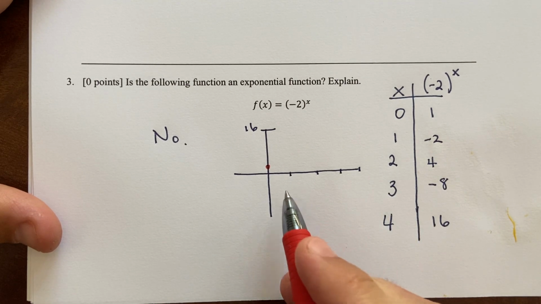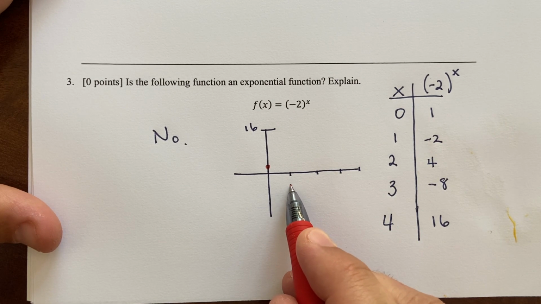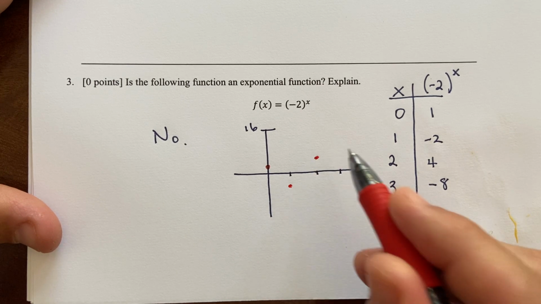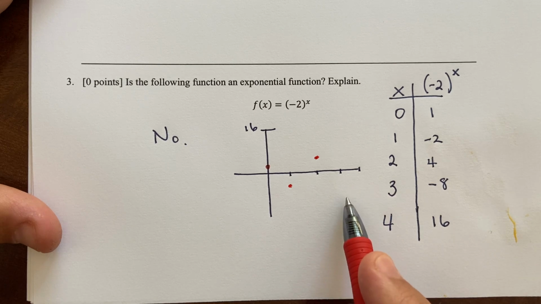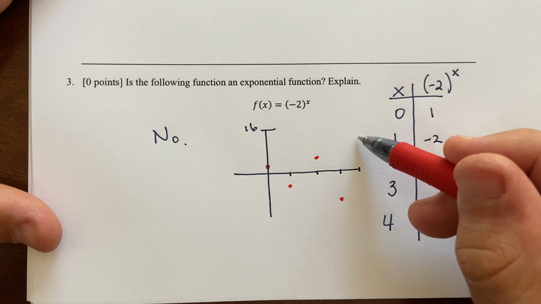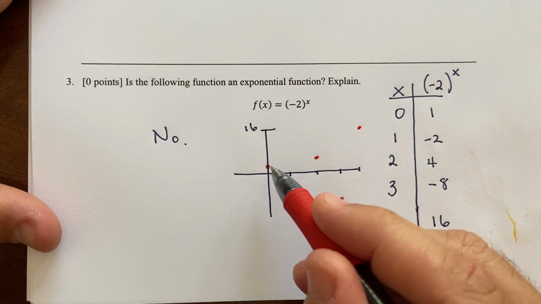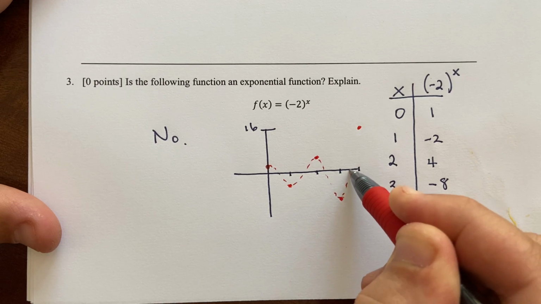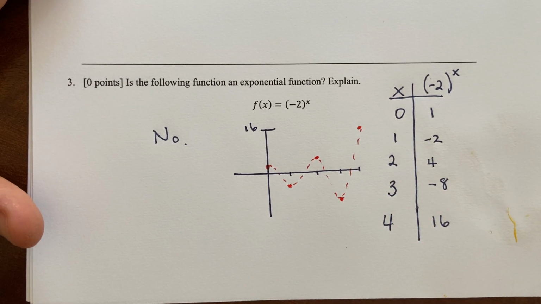And then at 1, I'm at -2. So I'd be somewhere down here now. At 2, we're at 4. So I'd be right about here. At 3, we're at -8. So I'd be back down there. And then at 4, I'm at 16. So it's really doing something kind of like this, but not really. It's doing essentially that, and that's not exponential.